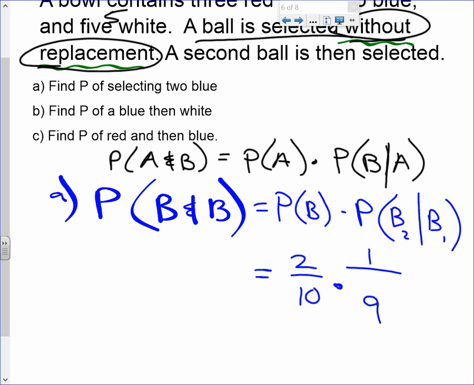That's the way it should have looked. I forgot to write the rest there. So the probability to gain 1 blue ball times the probability to gain the second one, given I have the first one in my hand. So the 1 out of 9 refers to this probability. The 2 out of 10 refers to the first one.